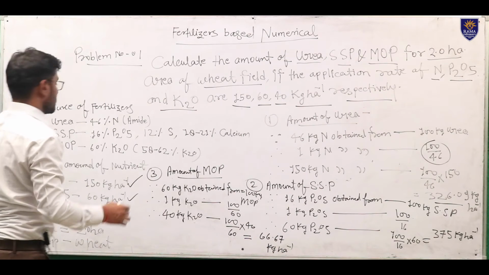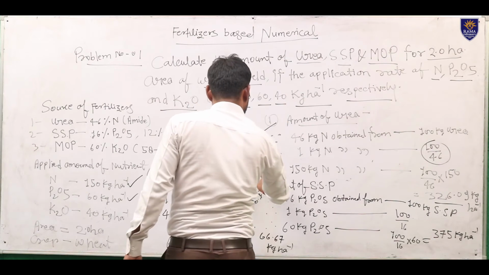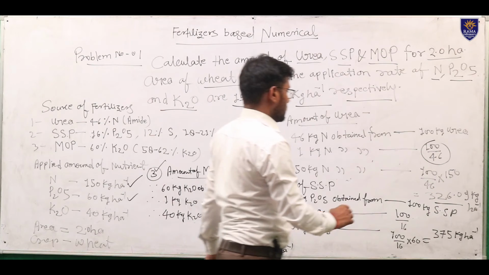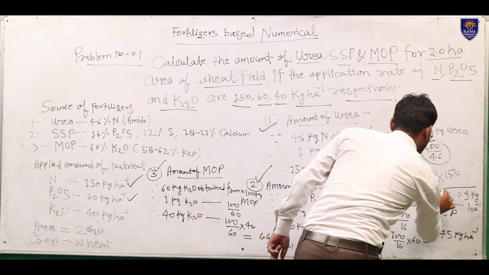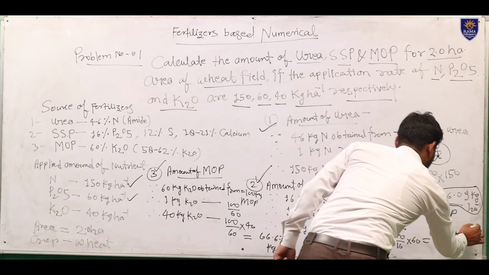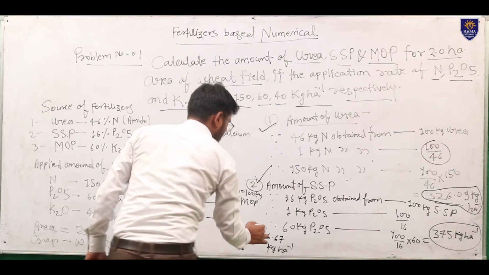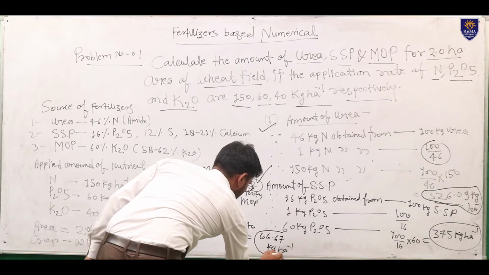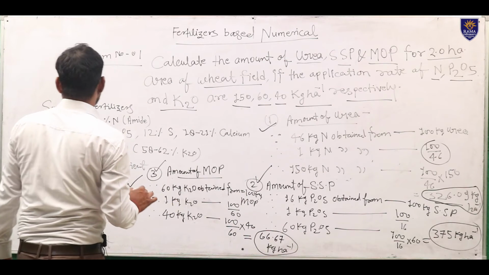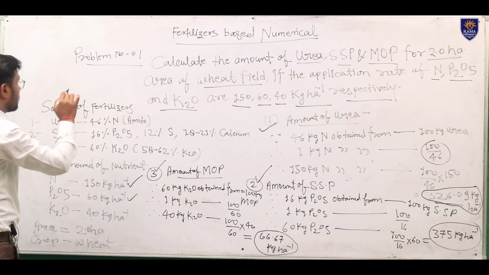So the urea amount is 326 kg per hectare, single superphosphate 375 kg per hectare, and muriate of potash 66.67 kg per hectare. This amount is only for 1 hectare.